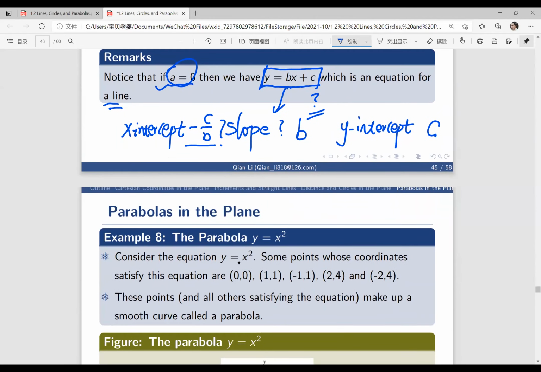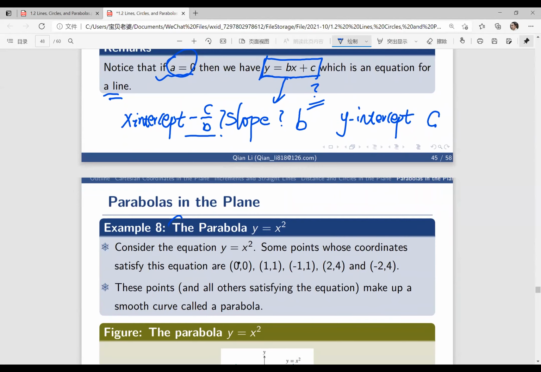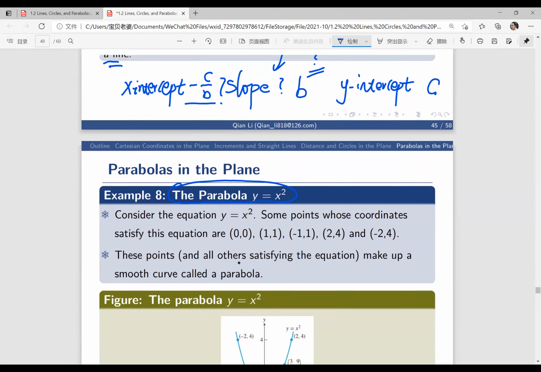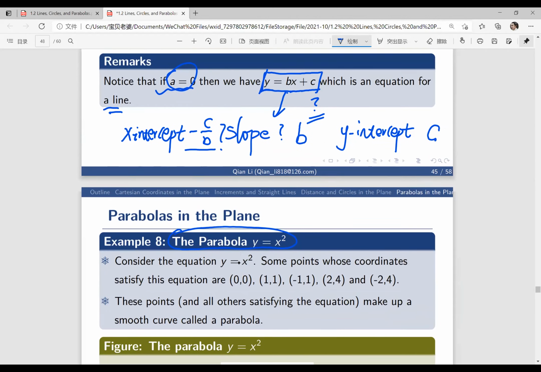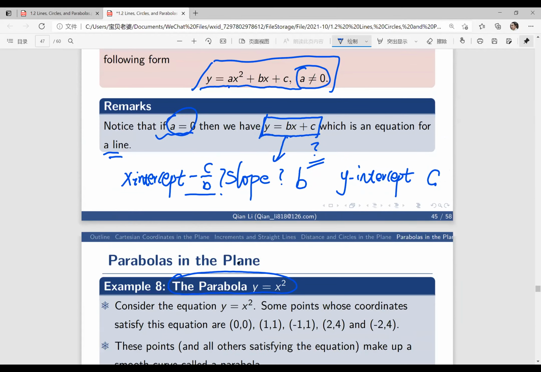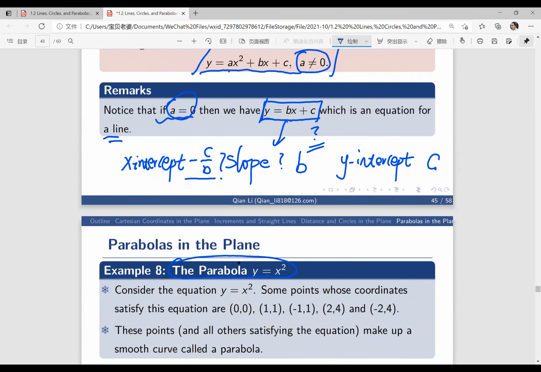If there is a parabola y is equal to x squared, that means a is equal to 1, right? And b and c are equal to 0, right?